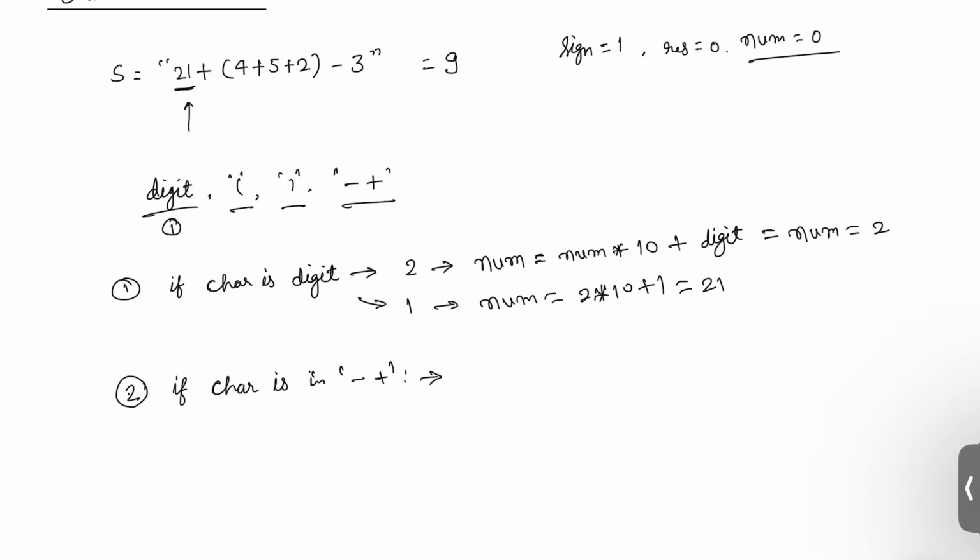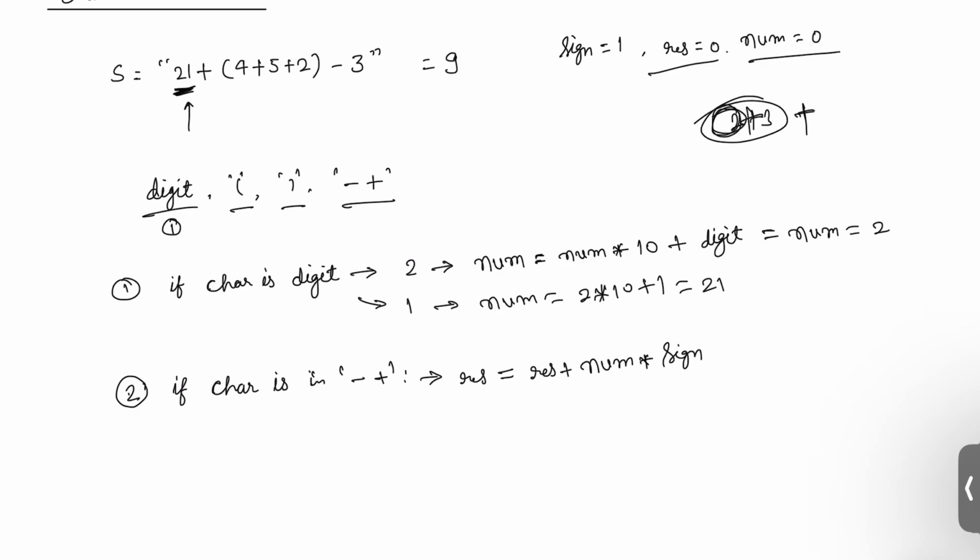So what should be our approach for this plus sign? We have to find out the value of result now. We have the sign of 21 as positive. If it were like 2 plus 3, we would find out the value of 2 before this plus symbol and store it inside result. Like this, 21 is there before the plus symbol, so we store this value inside result. So result will be result plus num into sign. Sign is 1 for positive, so multiplying by 1 makes no change.